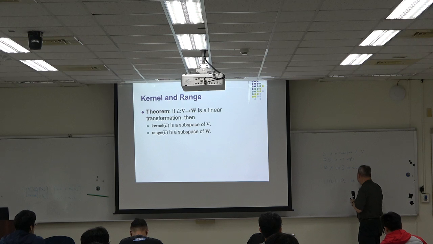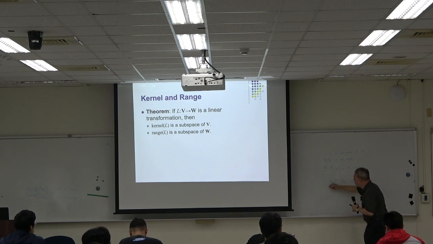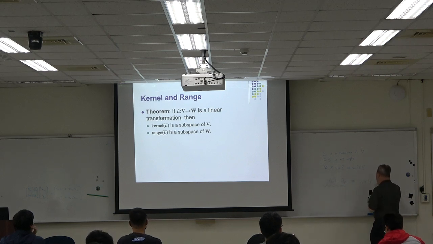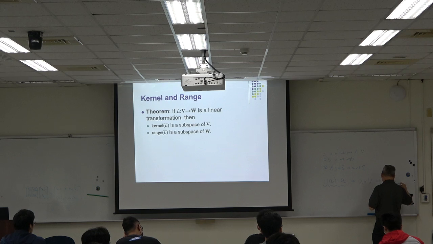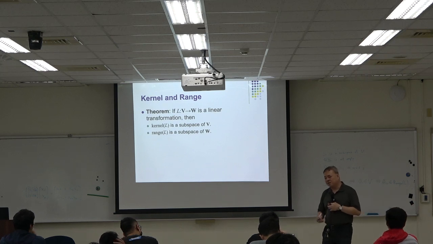So 0_V is obviously in V. So based on that, we already know that, right? So we know 0_W is in range of L. Okay, so that's the first thing, based on the same fact here.